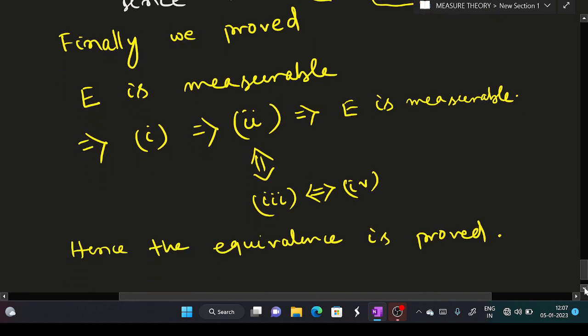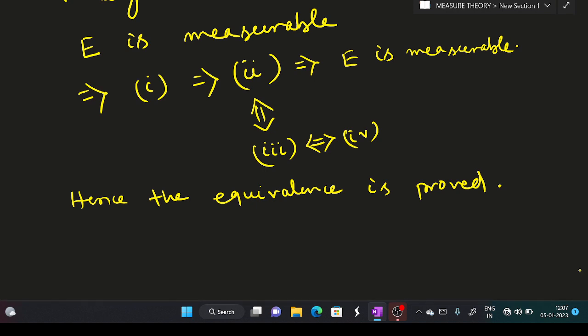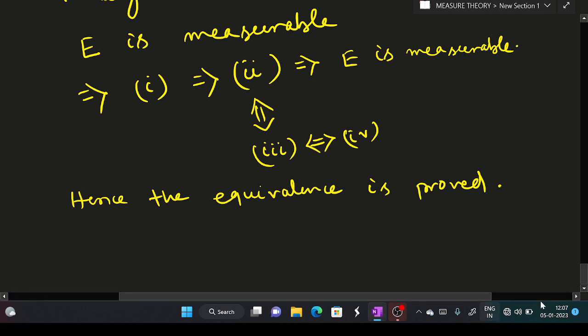Hence, all the results are equivalent. That is, equivalence of all the conditions is proved. That is, E is measurable implies and is implied by all the four conditions. With this, we will conclude today's video. Next class, we will discuss some more things.